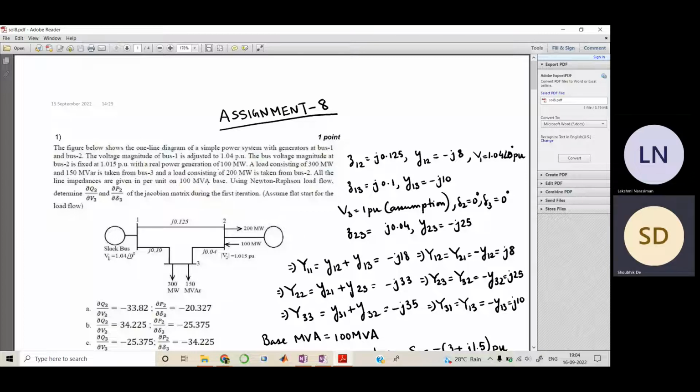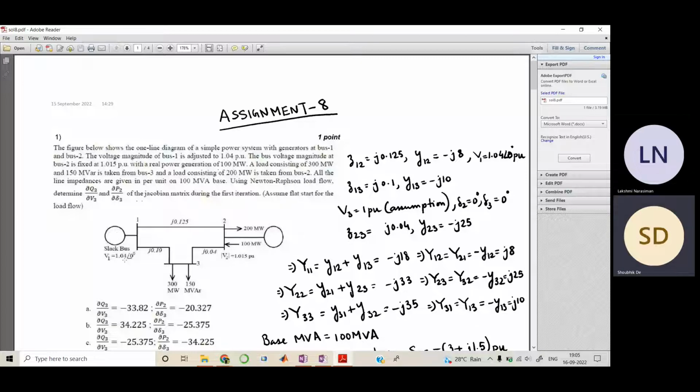The base value is 100 MVA, and they ask us, using Newton-Raphson load flow, to determine del Q3 by del V3 and del P2 by del delta 3 of the Jacobian matrix during the first iteration. Before going to that, look at this diagram.